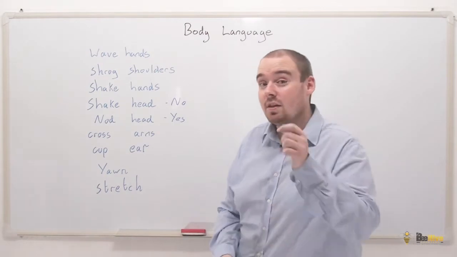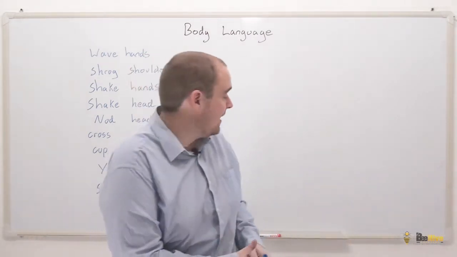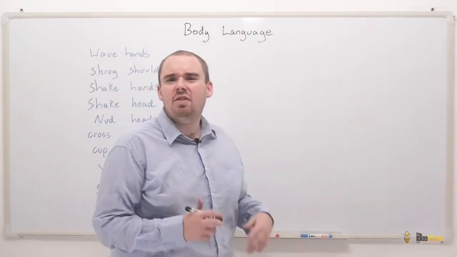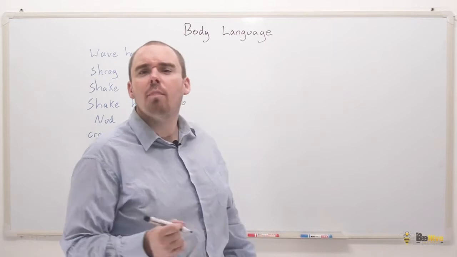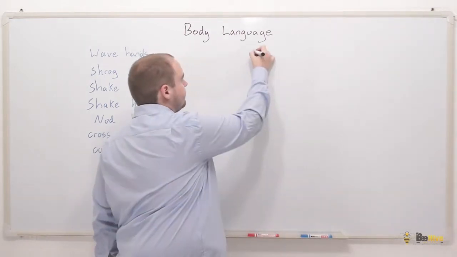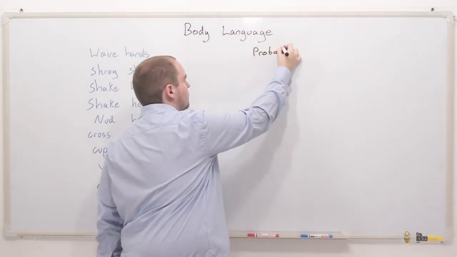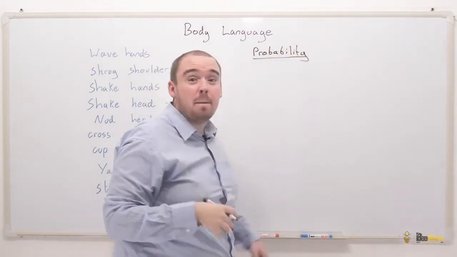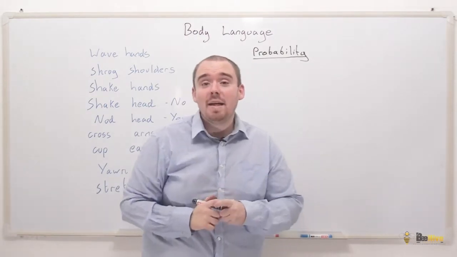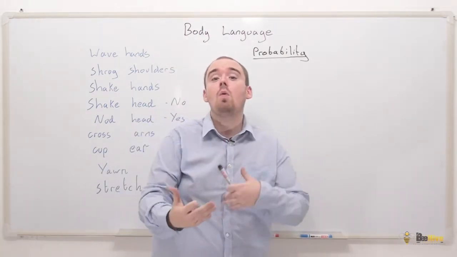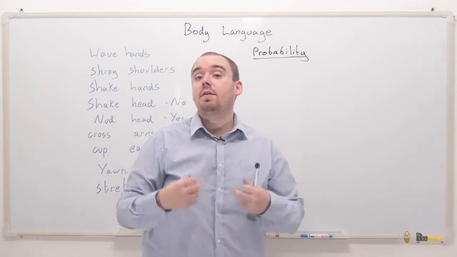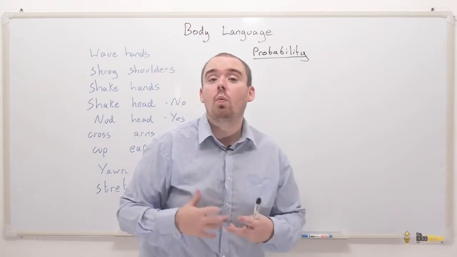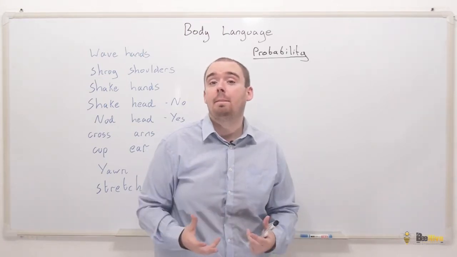Okay? Now the second thing we're going to look at today is our grammar. Okay? And today we're going to talk about probability. That's a big word, but what it means is how likely it is that something will happen, or how sure we are something will happen.